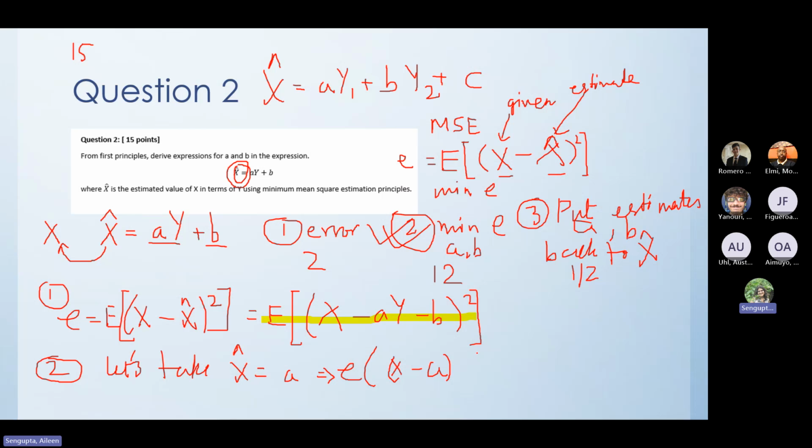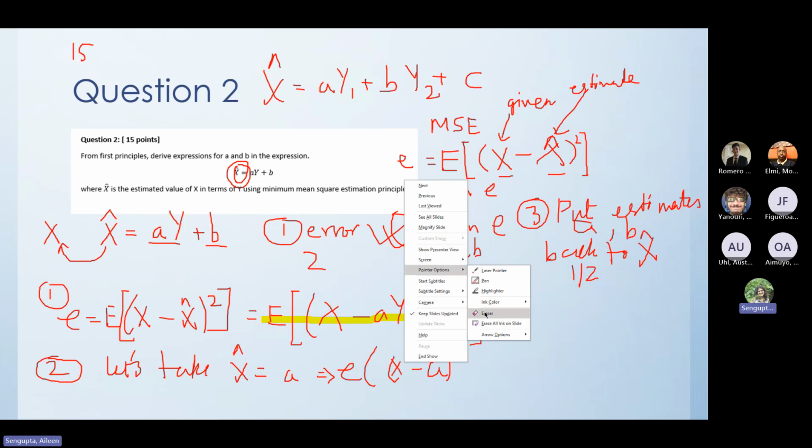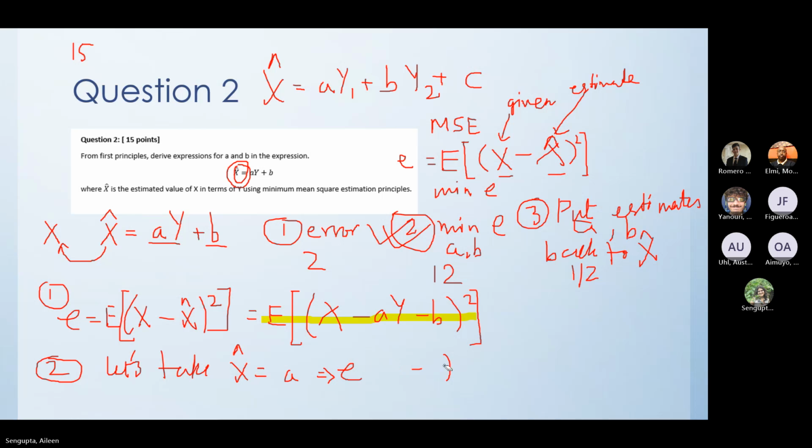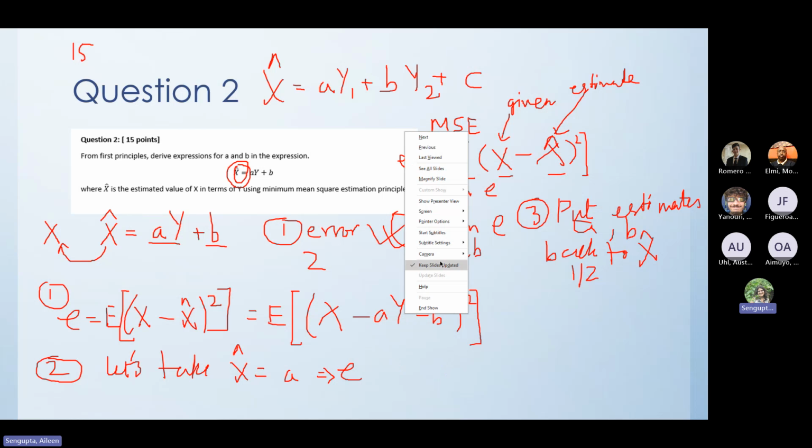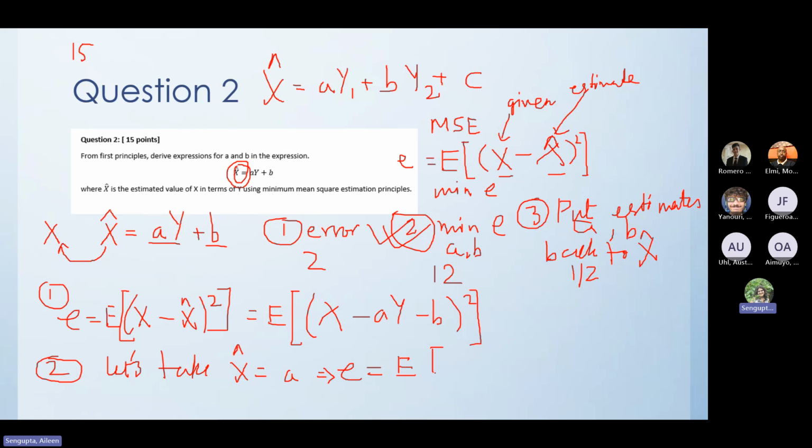Oops, that's not the expression that I'm trying to write. Sorry about that. Your error signal becomes the expected value of (x minus a) whole squared.